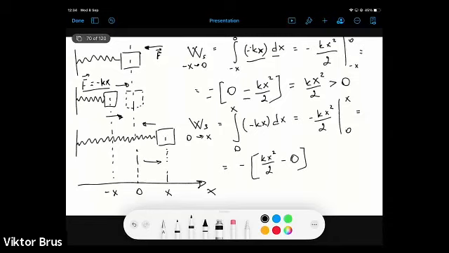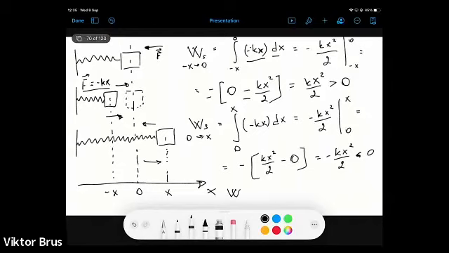So here we have eventually minus kx squared divided by 2, which is smaller than 0. So you see that when we have opposite orientation of displacement and force vectors, we get negative work done.